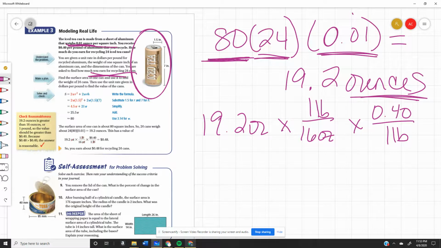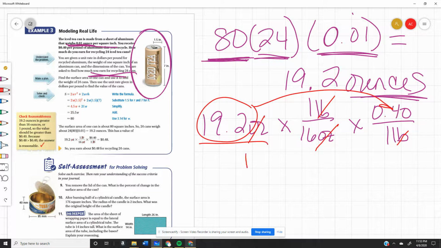Okay? So we can see we've got a lot going on here. Because I have ounces over here and ounces here, they cancel. And then I have pounds here and pounds here, they cancel. So now, basically I'm going to do 19.2 times 0.40, because remember, this is over 1, so it's 19.2 times 1 times 40 divided by 1 times 16 times 1.